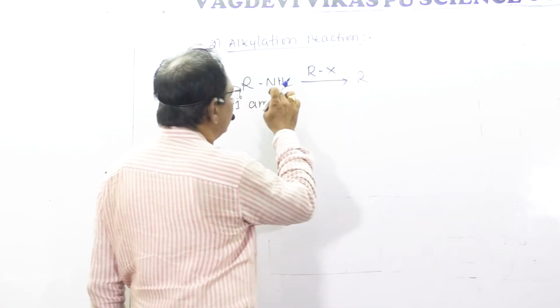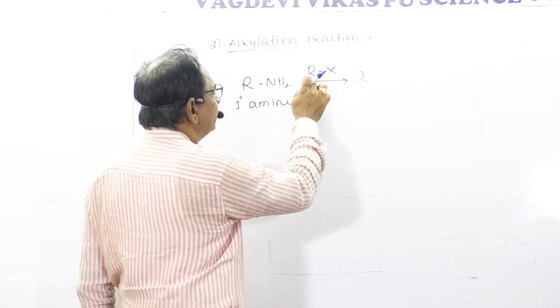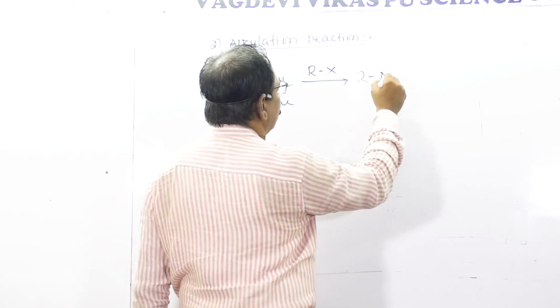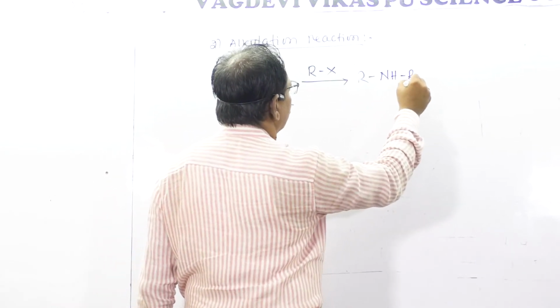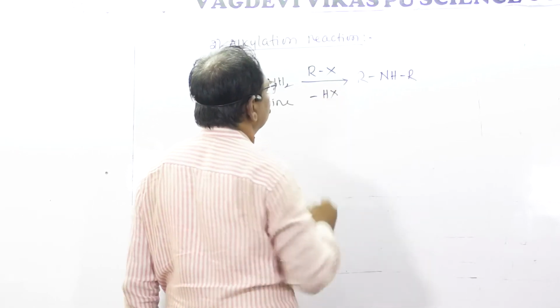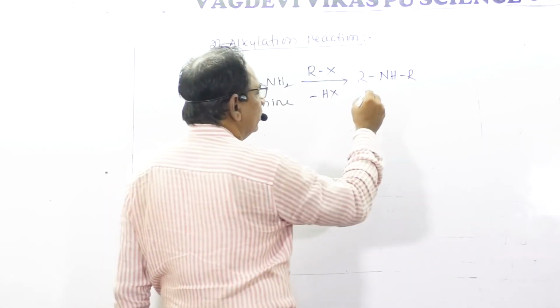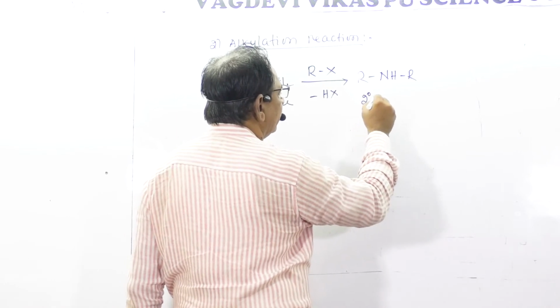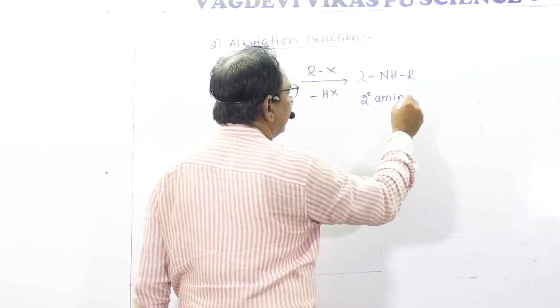One of the hydrogen atoms of the amine group is replaced by R, giving R-NHR minus HX. This is an example of a secondary amine.